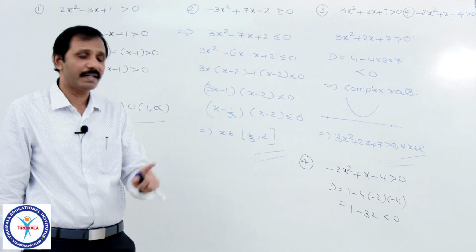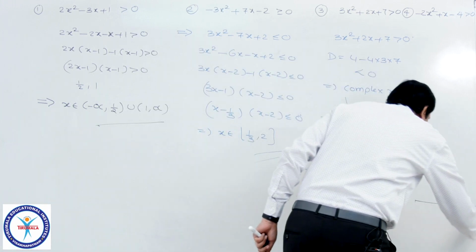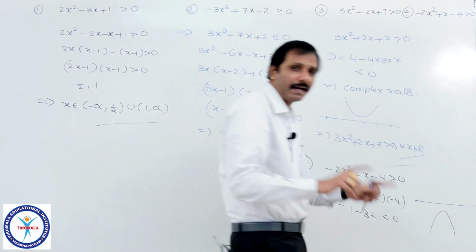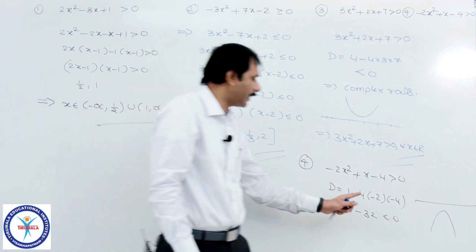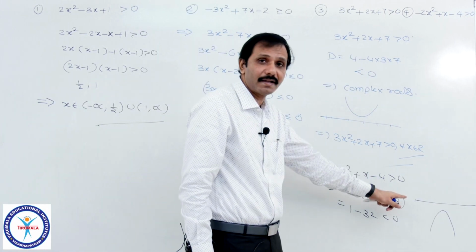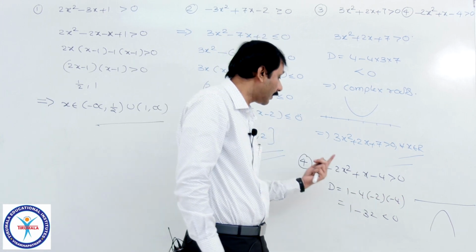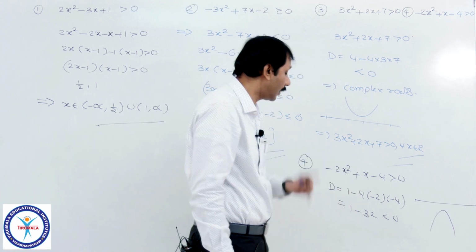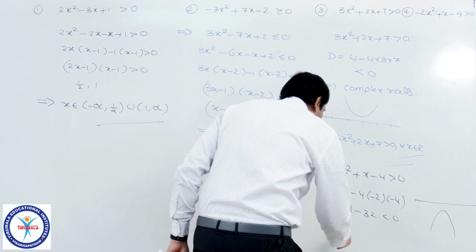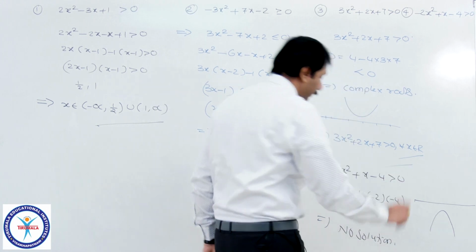Discriminant less than 0 means it has complex roots, and the coefficient of x square negative means this curve will lie completely below the x-axis, means any value of x you take, it will be negative only, but I want greater than 0. Is there any value of x where if you substitute you will get positive? No, not positive. That implies I can say no solution for this.